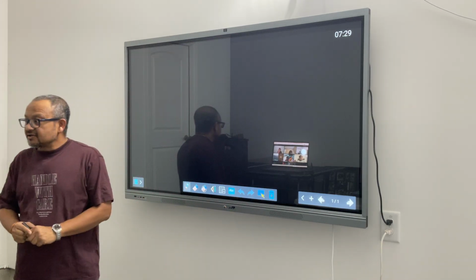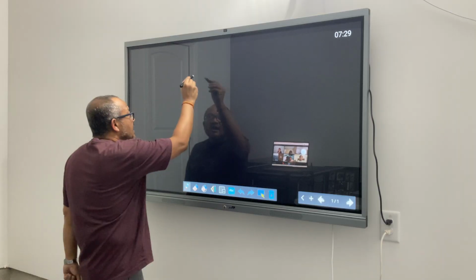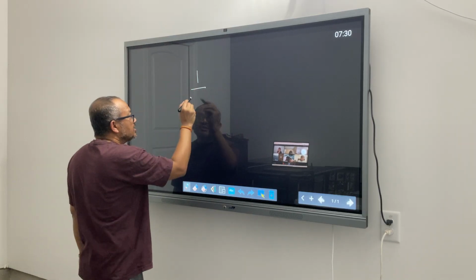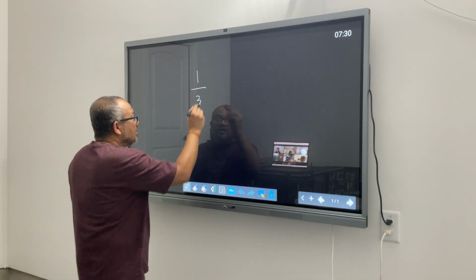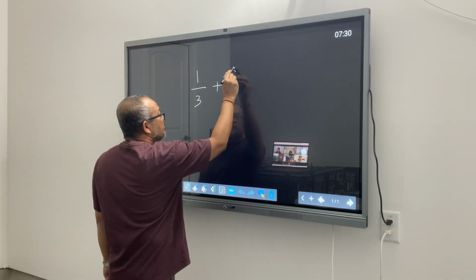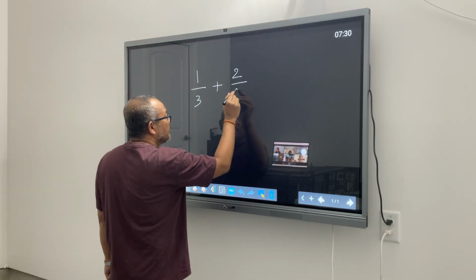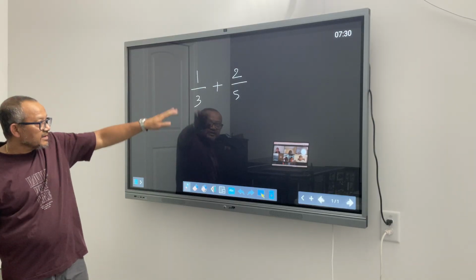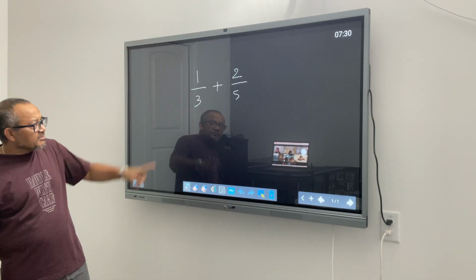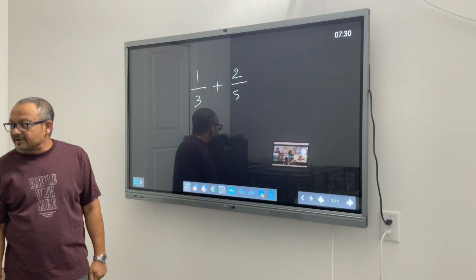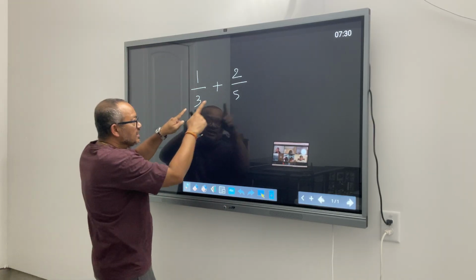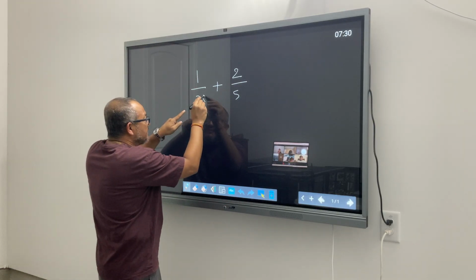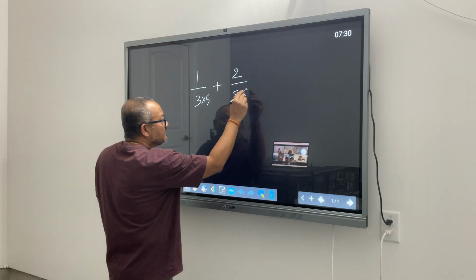Why? Because now look at it. If I am trying to add 1 by 3 plus 2 by 5, can we make the denominator same so that my calculation is better? So this is 3, this is 5. I'll multiply this guy with 5 and multiply this guy with 3.